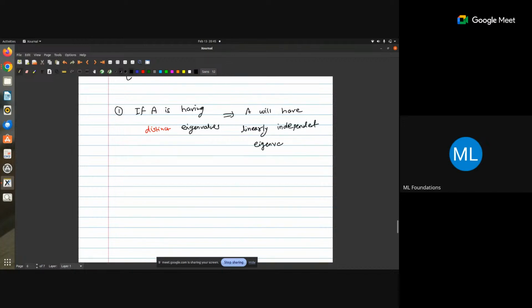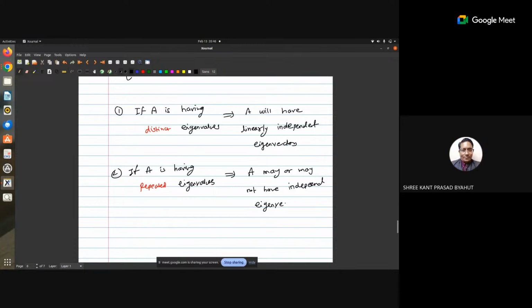Okay, this is fine. The second sentence is, if A has repeated eigenvalues, then in that case A may or may not have linearly independent eigenvectors, right? Got it.